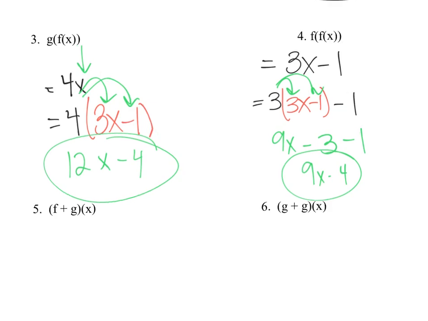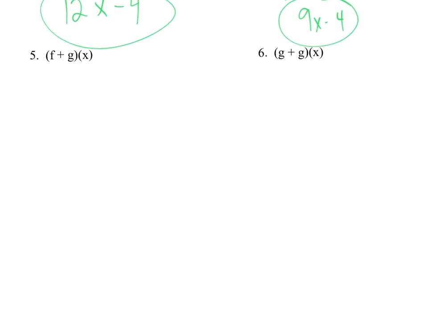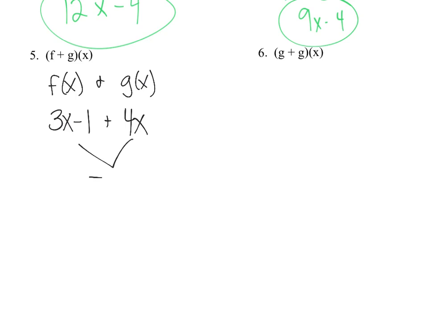Now the bottom two, like I said, are just function operations. Okay, so f of x plus g of x. My f of x is 3x minus 1 plus 4x. All I do here is combine like terms. Okay, 3x and 4x. Thank you, minus 1. That's your answer.